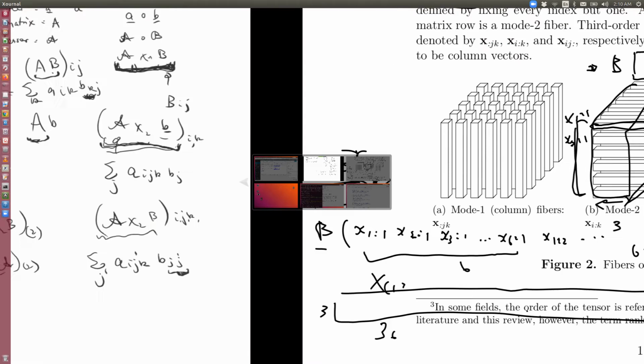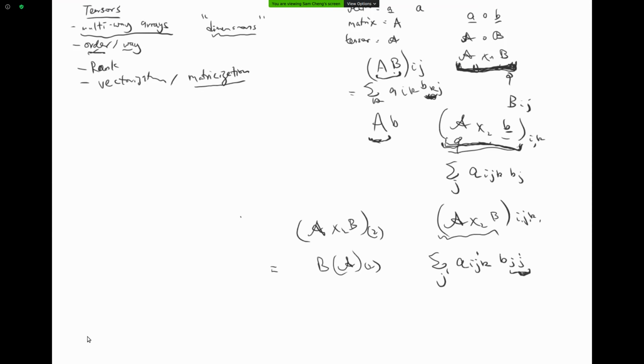So therefore, in general, if we have a matrix, and if I have a mode n multiplication with some matrix B here, and if I look at the mode n matricization of that, that would be just equal to B times A, the mode n matricization of this A tensor here.